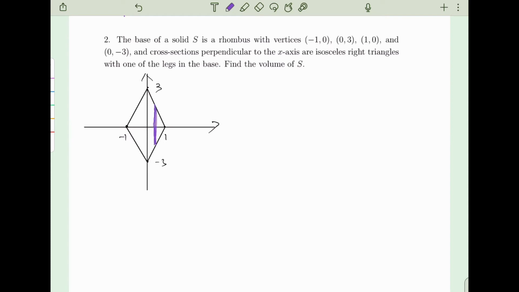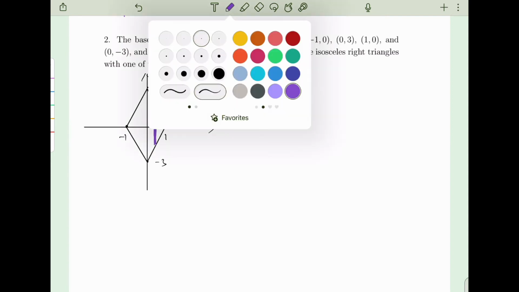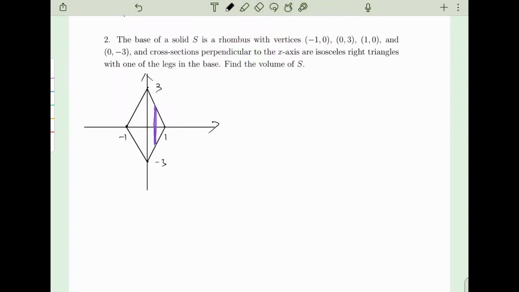How should I demonstrate? Let me draw this. That's the 3D version. This is x, this is y, this is z. You have your rhombus like this.